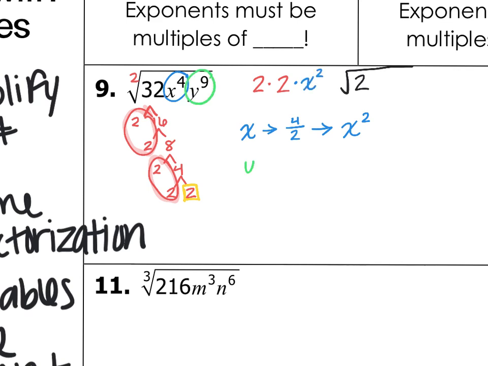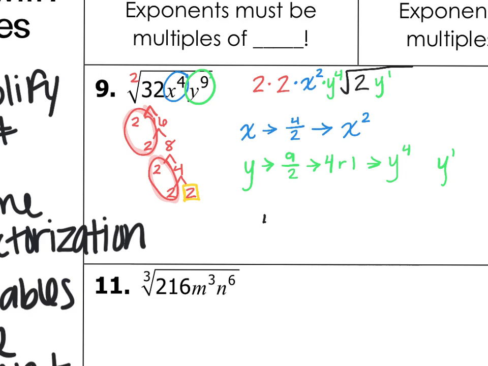Then I'm going to deal with the y, and I'm going to divide the exponent by the index. And that's 4 with a remainder of 1. So that's going to be y to the 4th and y to the 1st. That y to the 4th is going to go on the outside, and the remainder, y to the 1st, will go on the inside. Now I can simplify.